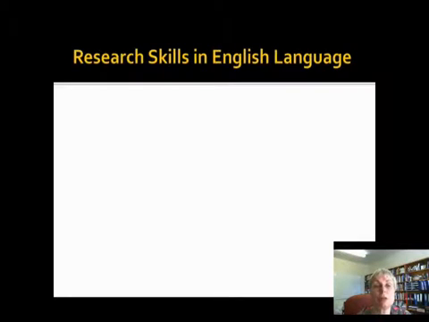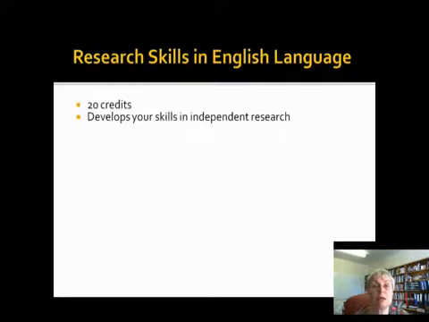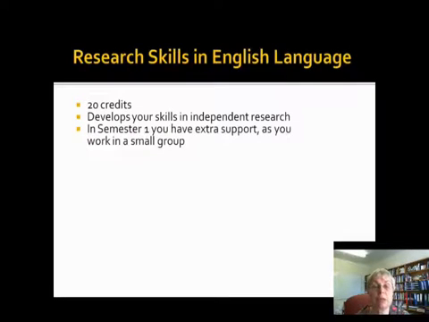The module, as you know, is Research Skills in English Language. It's a 20-credit module, and the main purpose of it is to develop your skills in independent research. In Semester 1, you have extra support in developing your independence because you'll be working with other people in a small group.